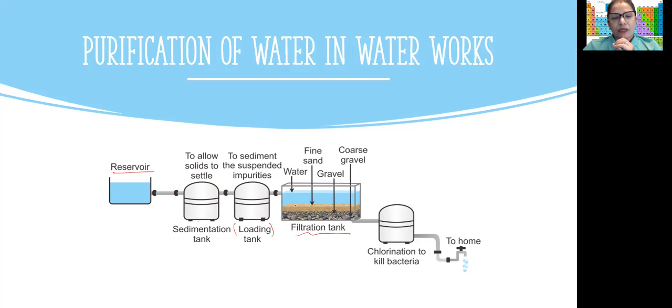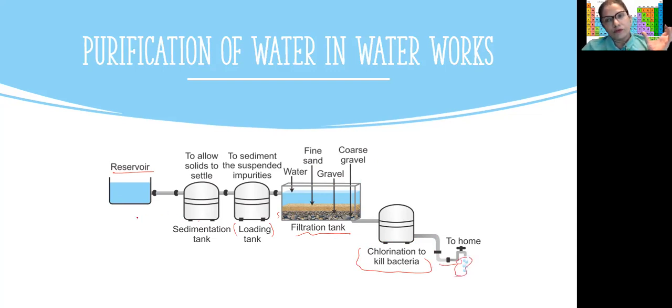In the filtration tank, if you see, there are layers of gravel, fine sand, and coarse gravel. The water passes through all these layers and then goes into the chlorination tank, where the bacteria in the water are killed, and then through pipes it comes home where we get this pure water.